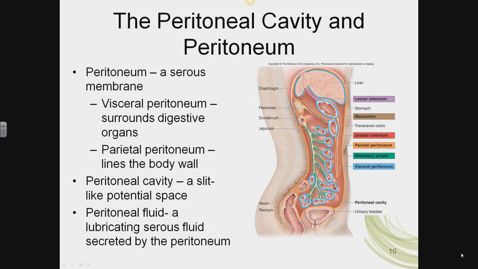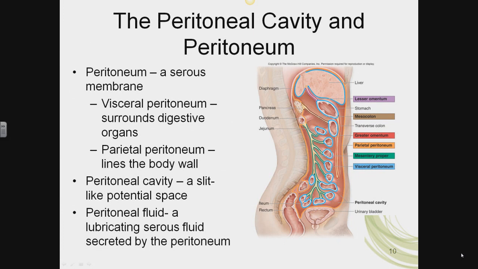The abdominal pelvic cavity is lined with moist serous membranes, which we've learned from lecture unit 1. The portion of the serous membrane that lines the inside surface of the body is called the parietal peritoneum. The portion of the serous membrane that folds back to cover the surface of the internal organs or viscerae is called the visceral peritoneum.